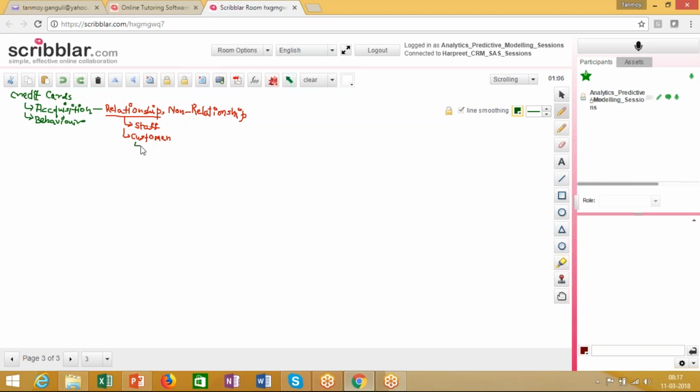So a relationship amount is a minimum balance of demand deposit which a customer maintains with the bank.